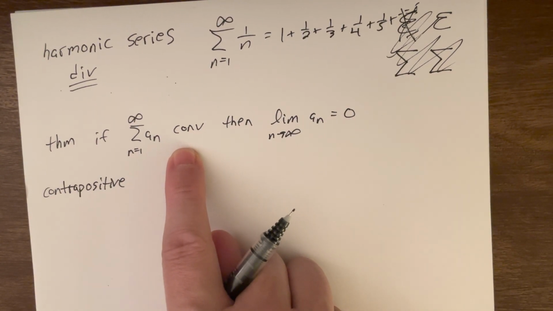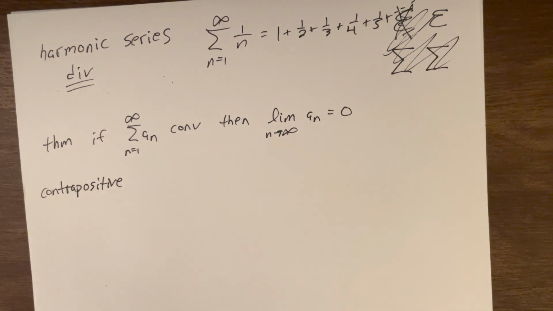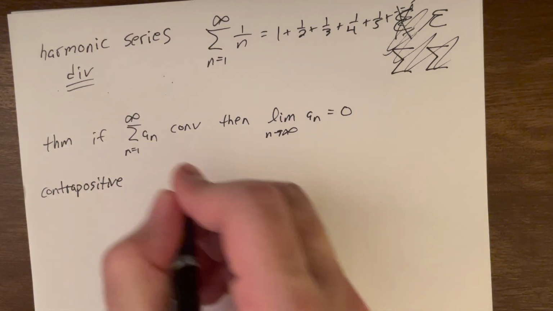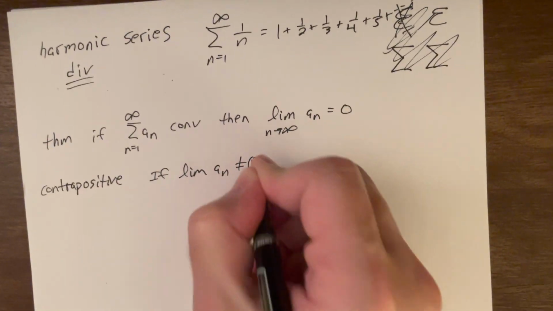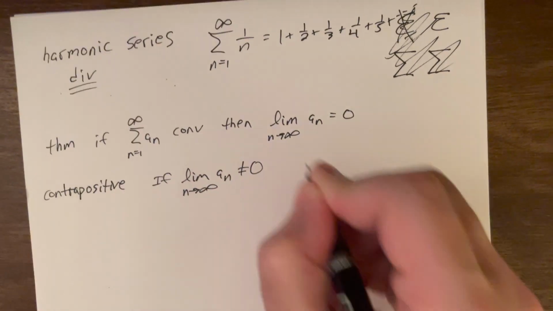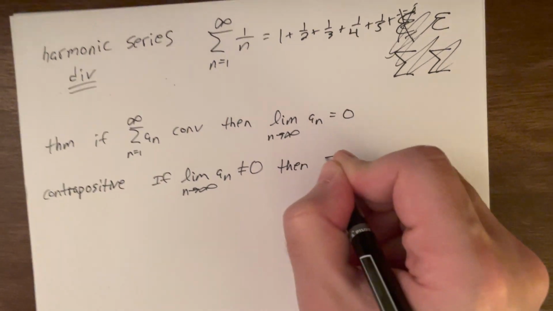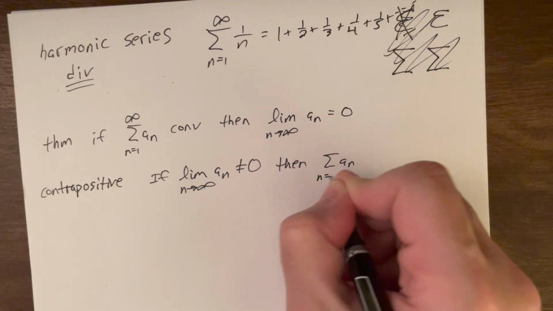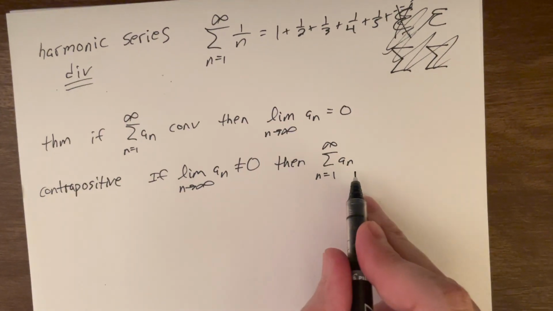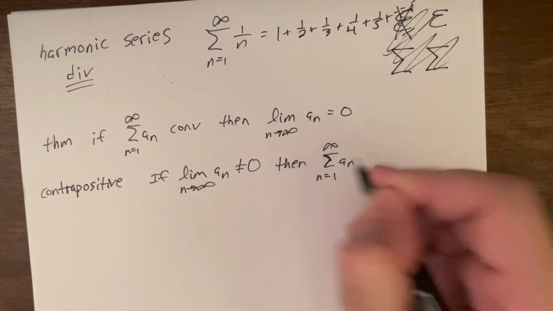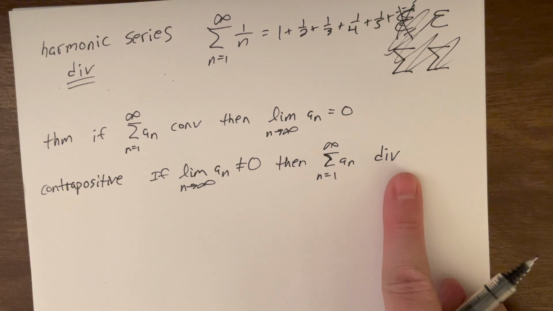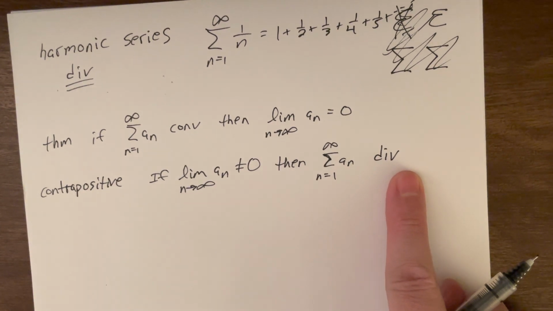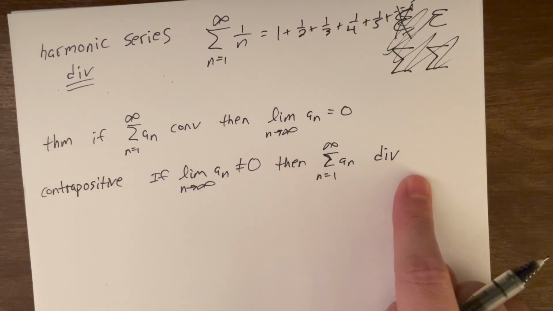That is logic that works, and that is helpful for us. The contrapositive would say, if the limit of a sub n does not go to 0, then we automatically know the series with a sub n as the underlying sequence does not converge, so therefore diverges. That's the statement that's going to be helpful.